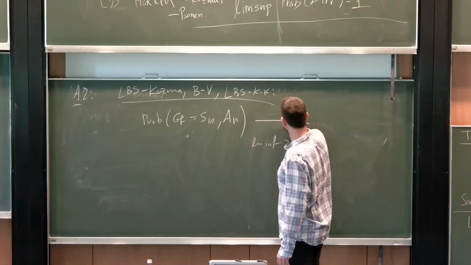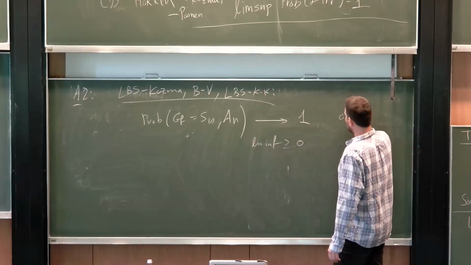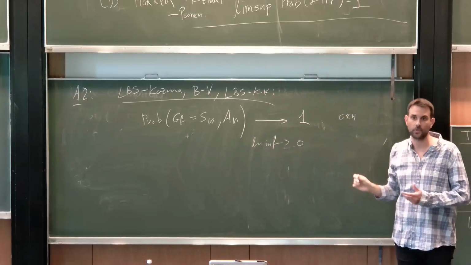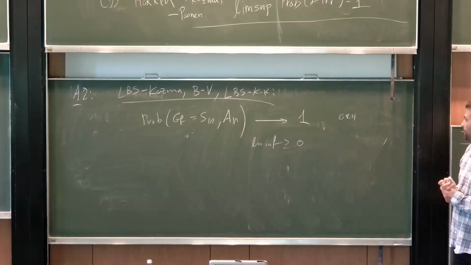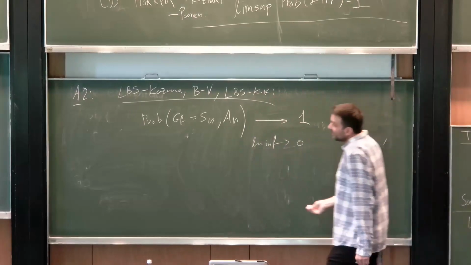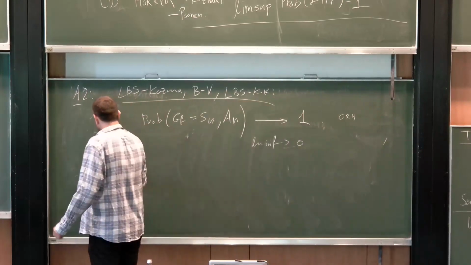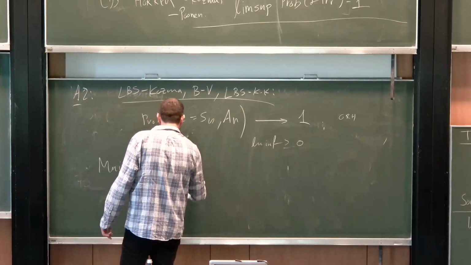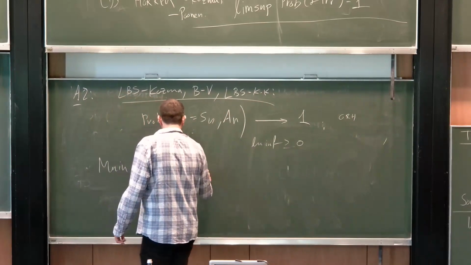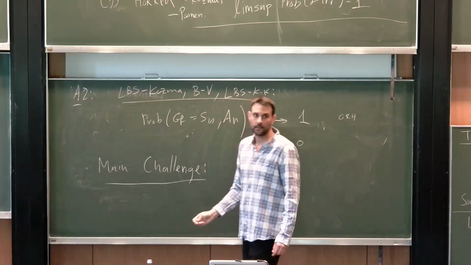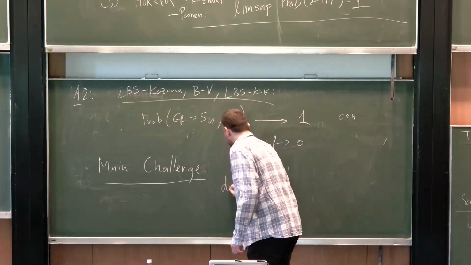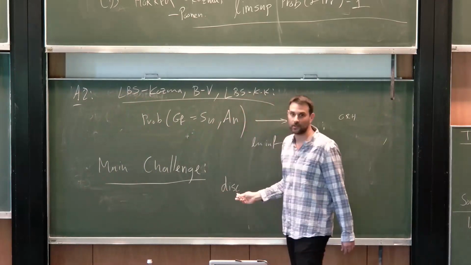This is under GRH. It's very similar to that story. It's the same condition, but let me not get into it. So here, in my eyes, the main challenge, if I write it in the most down-to-earth way, is you take the discriminant. This is something that I don't know how to solve.